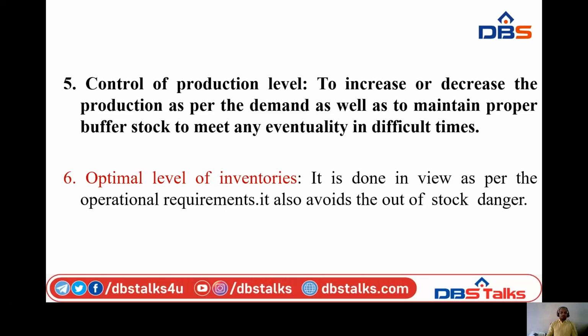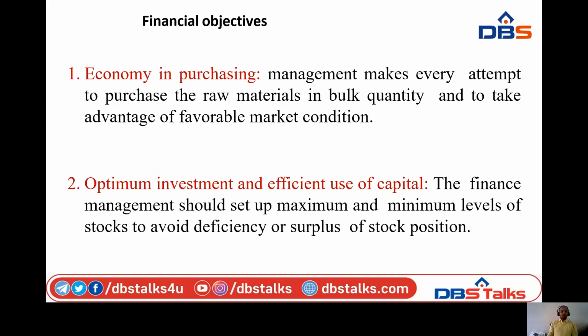So the stock maintenance is to be kept for very difficult times. Okay, optimum level of inventories. It is done in view of the operational requirements, and it also avoids the out of stock danger.